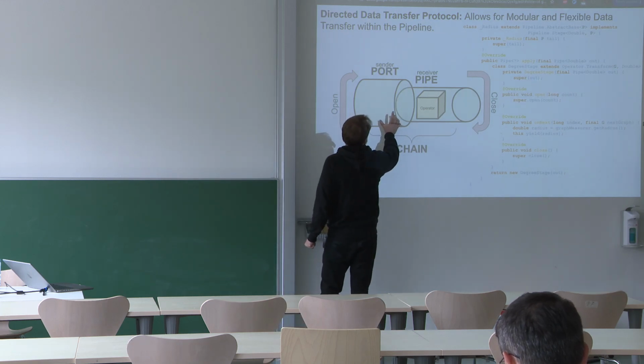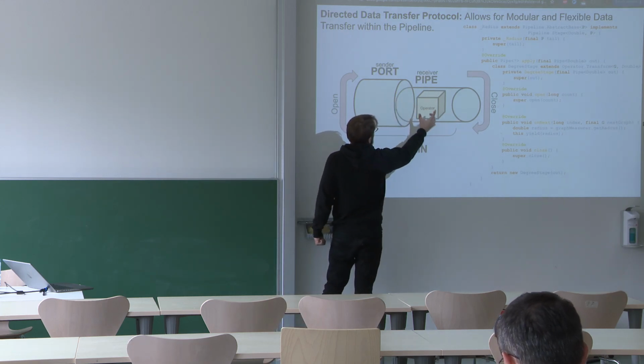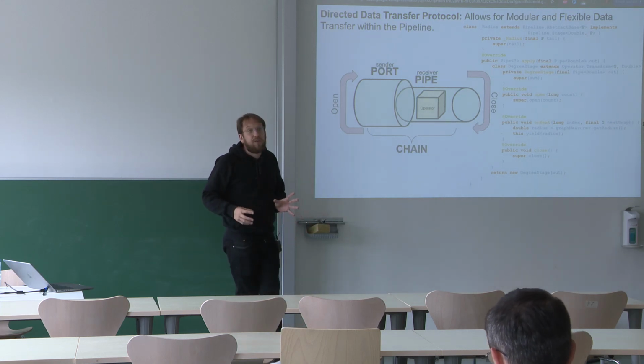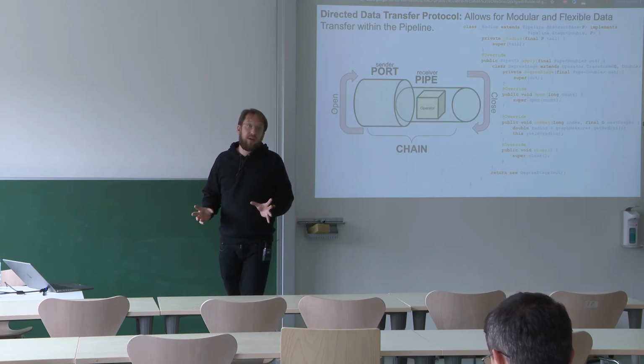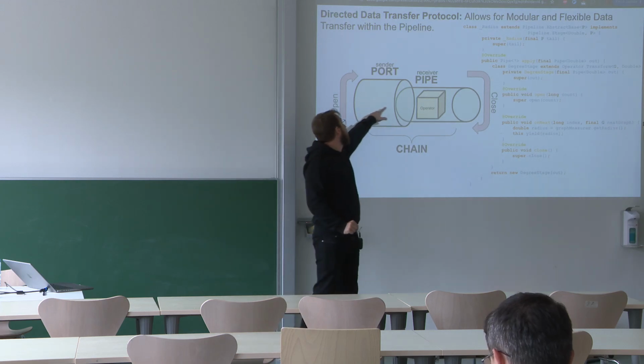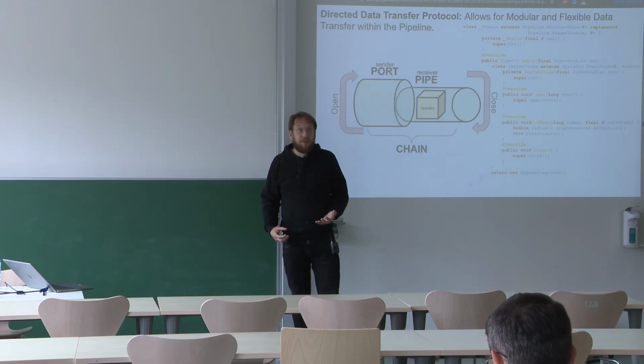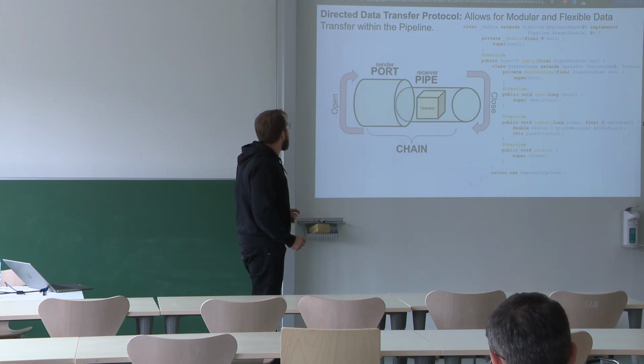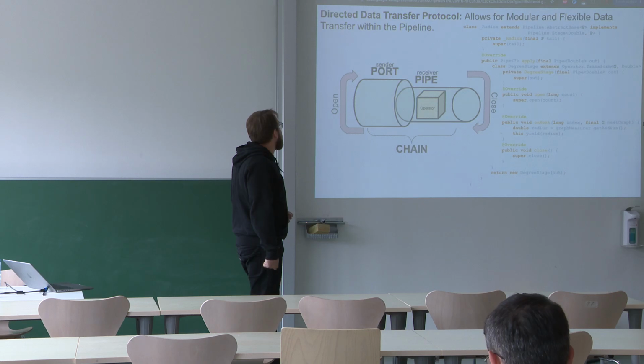So there's always a port, a sender, and a receiver, or producer or consumer kind of thing, right? Which allows us to distribute these pipelines also, right? Because access and this chaining can be synchronous or asynchronous. So I think it's very important to mention that, because it allows us synchronous and asynchronous execution.